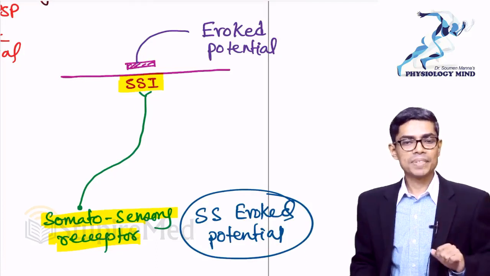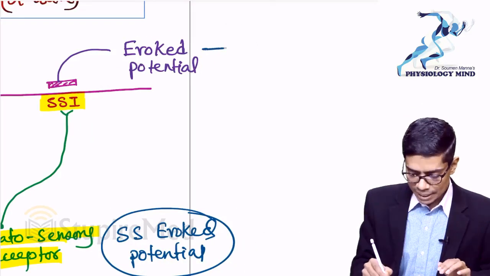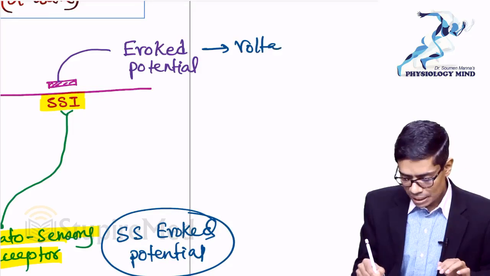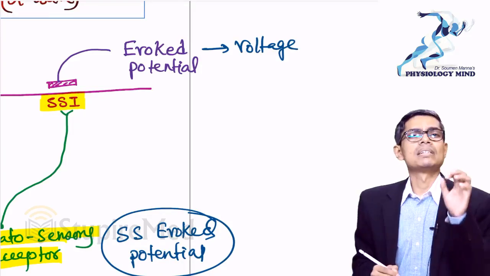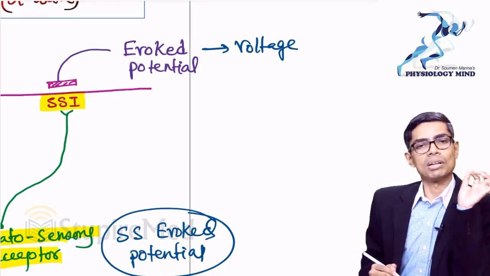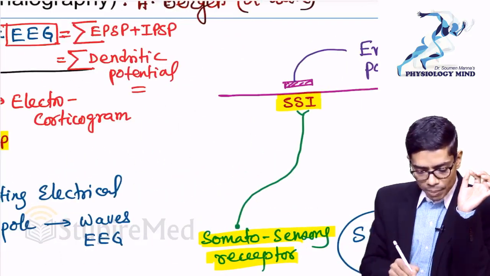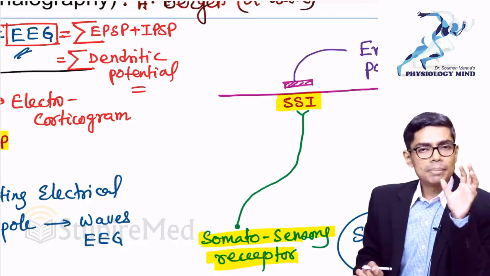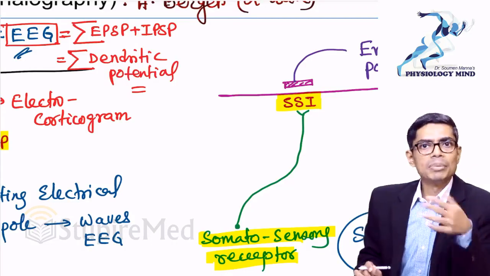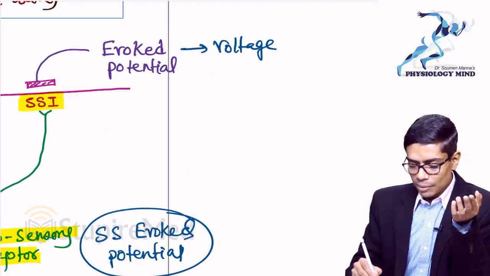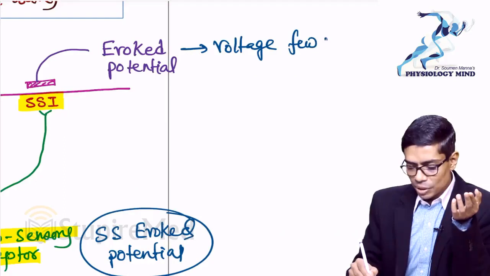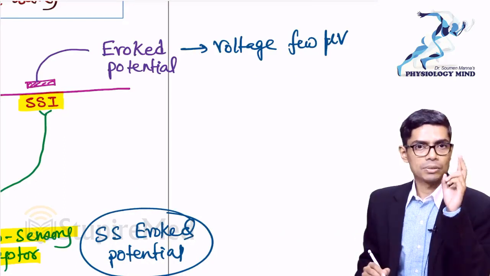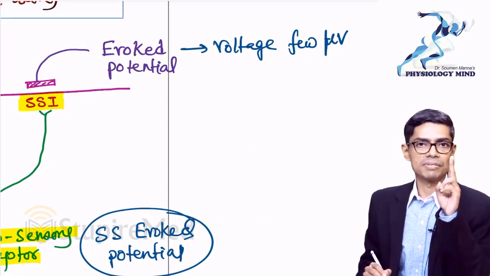You have to stimulate. Second, the voltage which is produced here is only a few microvolts. EEG is also in microvolts, but tens of microvolts, maybe 100, maybe 200. But here the voltage is only a few microvolts. Please remember, a stimulus is required and the voltage is very small.